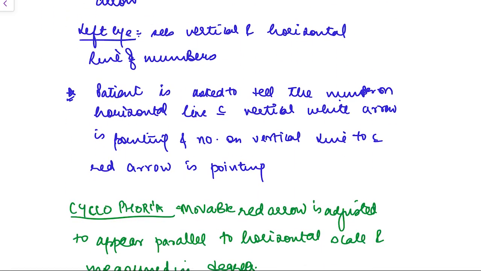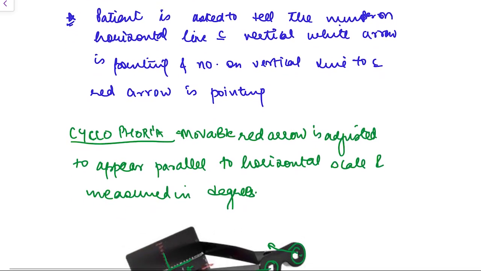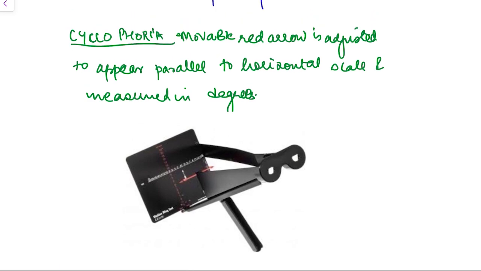The patient is asked to tell the number on the horizontal line at which the vertical white arrow is pointing. To understand it better, I'll remove this. Now the patient is asked which number on the horizontal line this white arrow is pointing towards, and which number on the vertical line the red arrow is pointing towards.